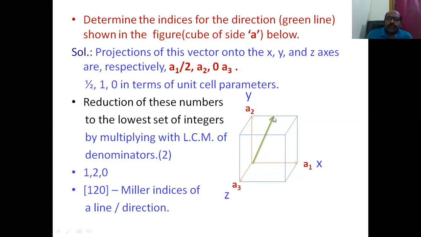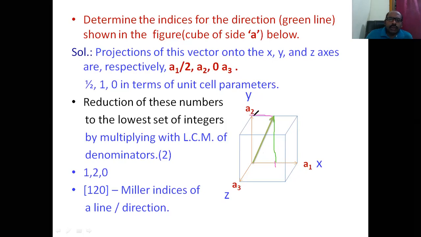The projection on the x-axis is a1 by 2, and along the y-axis it is a2.